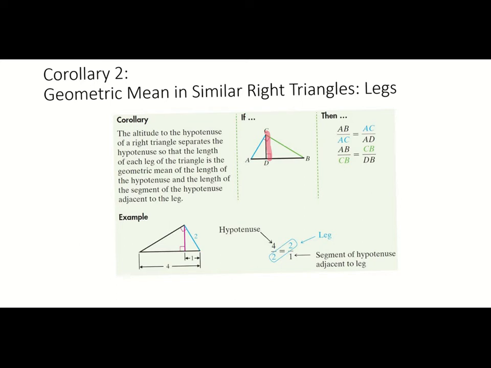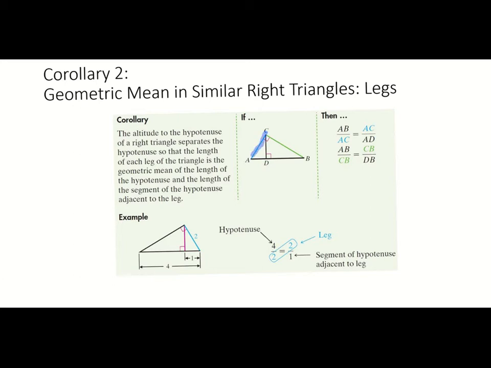And when it does so, now we're talking about the legs of the right angle. And each leg of the triangle is the geometric mean of the length of the hypotenuse to the length of the segment of the hypotenuse. So what we're going to look at here is for the first one. All right, AC is one of my legs in my right triangle.